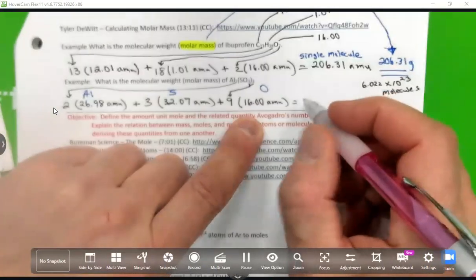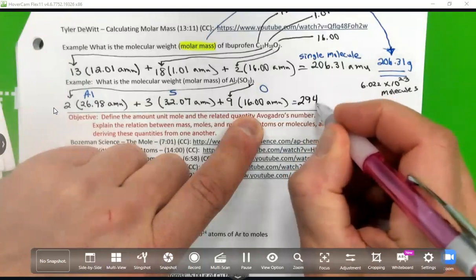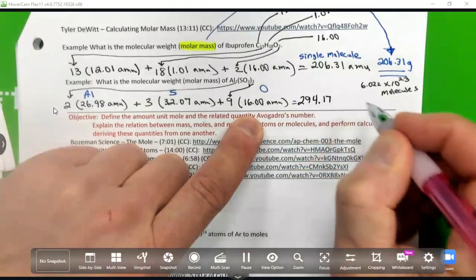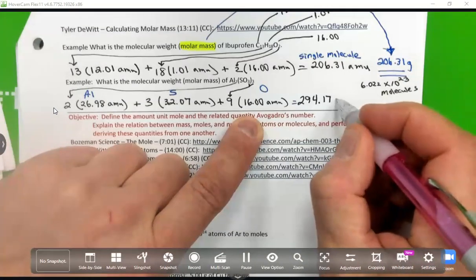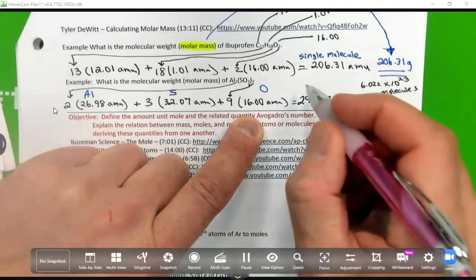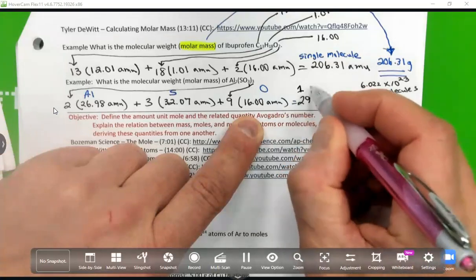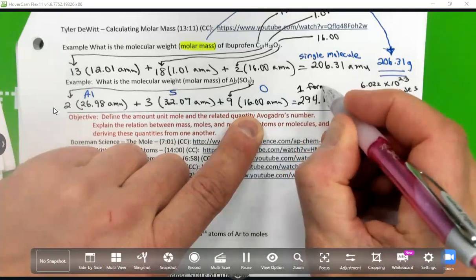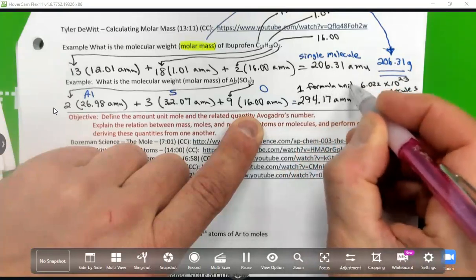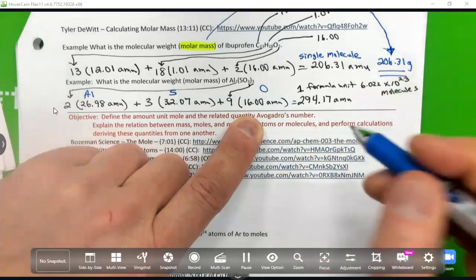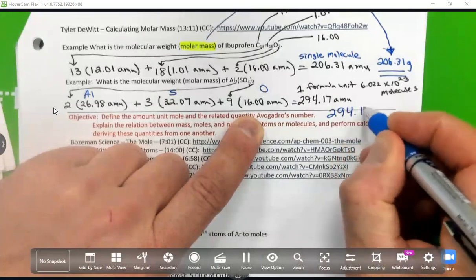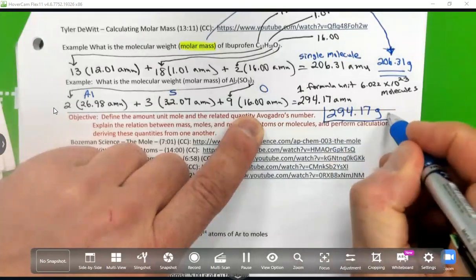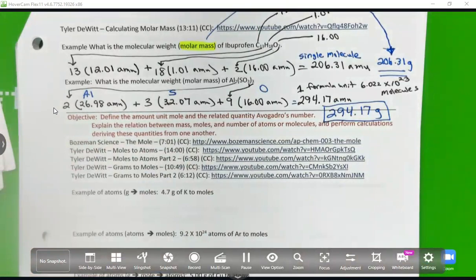That would give you 294.17 AMU for 1 formula unit. But we want the molar mass, so it would be 294.17 grams. And how many formula units would I have? 1 mole, 6.022 times 10 to the 23rd.